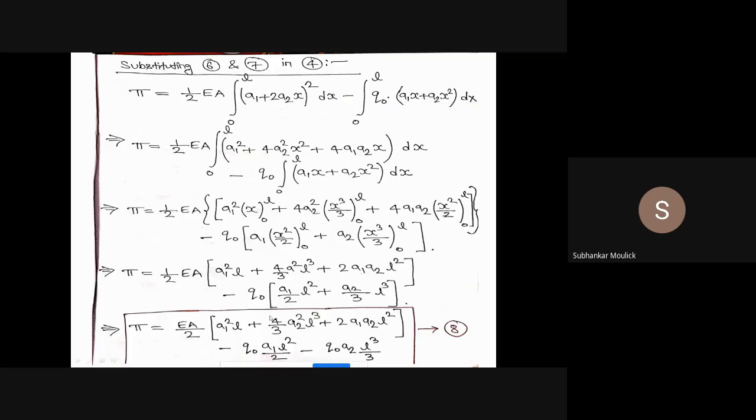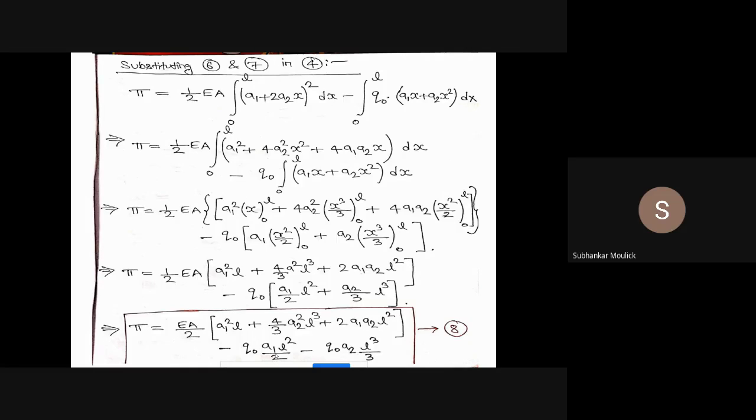Once you formulate the value of pi, in that expression you need to see how many unknown constants or parameters are there. In this particular problem there are two unknown constants, a1 and a2.